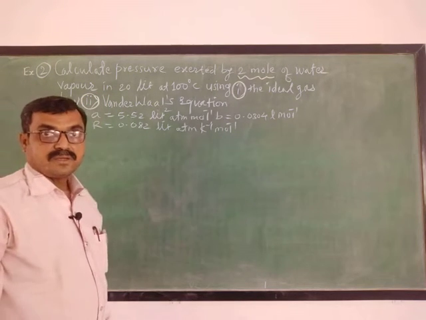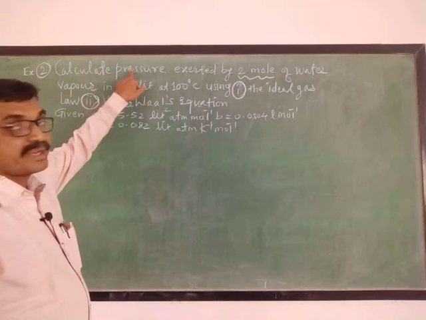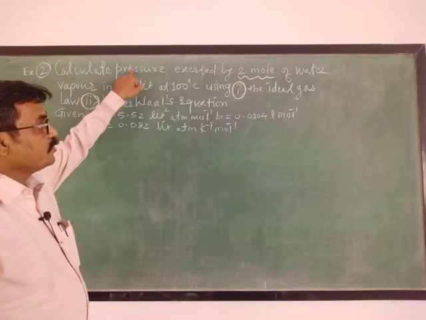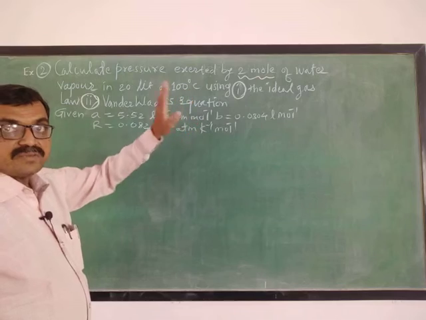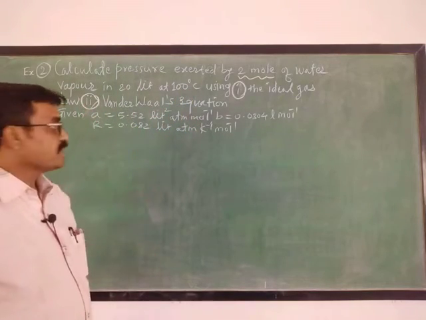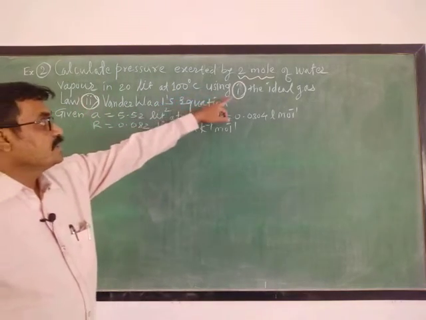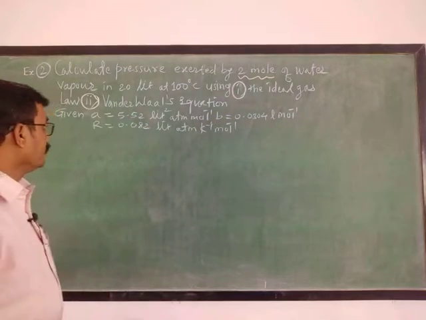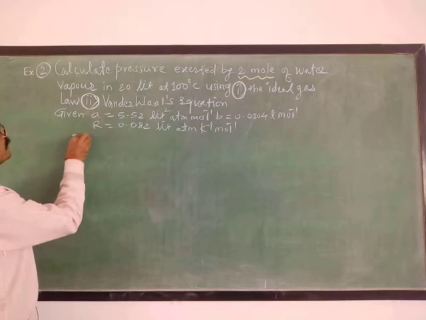This means you have to calculate the pressure exerted by using the ideal gas equation as well as by using the van der Waals equation. First, for ideal gas, you know what the ideal gas equation is.